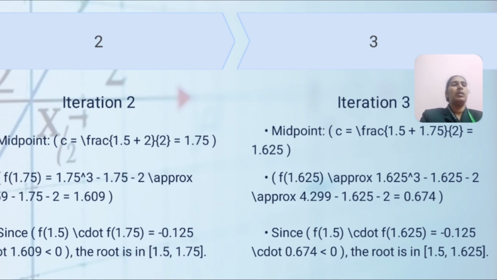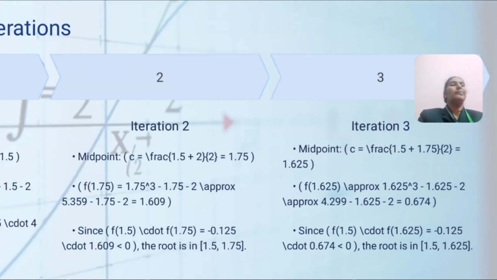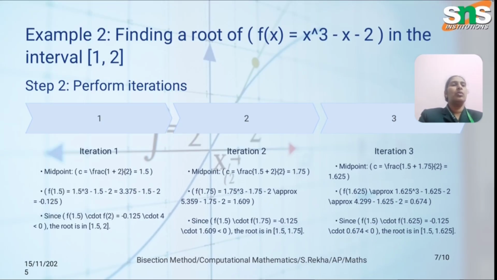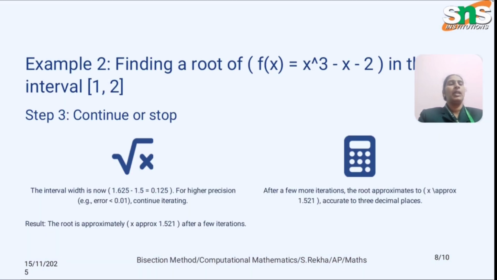Again the root lies between 1.625 and 1.75. Likewise we have to continue the iterative process. If you go with the next iteration, you will get a new value, and finally we repeat the iteration.